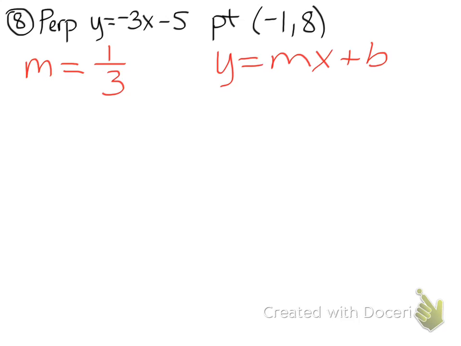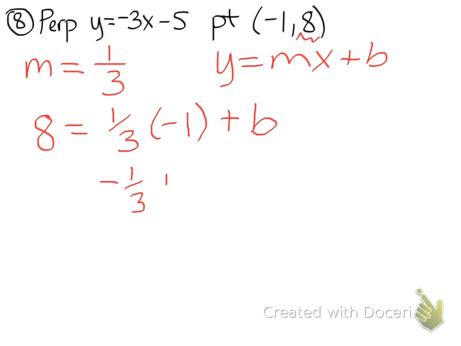Alright, so our y coordinate, this is going to be 8, equals our slope, which is 1/3, and then x, which is -1, plus b. 1/3 times -1 is just -1/3, plus b is equal to 8.